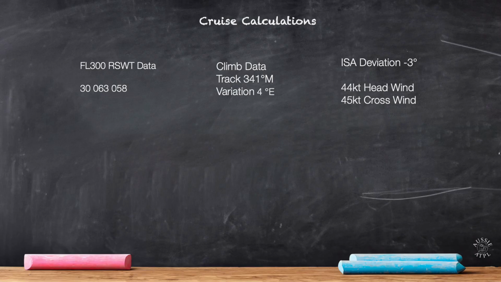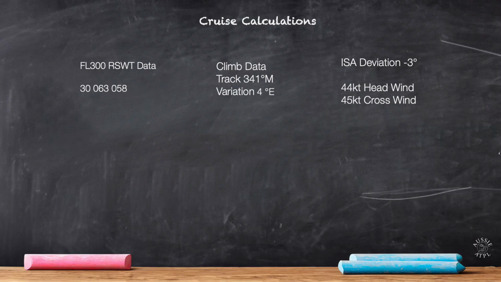Now be aware we do have a crosswind component of 45 knots, although this will not be sufficient to exceed the 6 knots or 6 degrees that is required by CASA before we need to adjust for ETAS. If it was 65 knots of crosswind, then we'd most likely need to adjust for ETAS, which I'll show you in a later video.